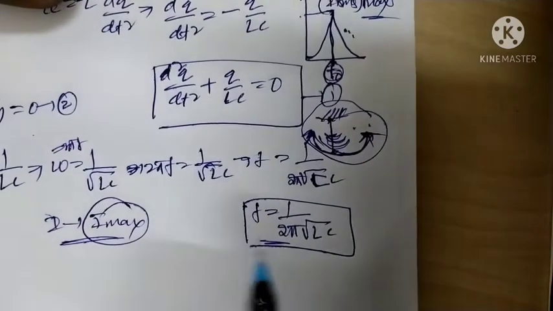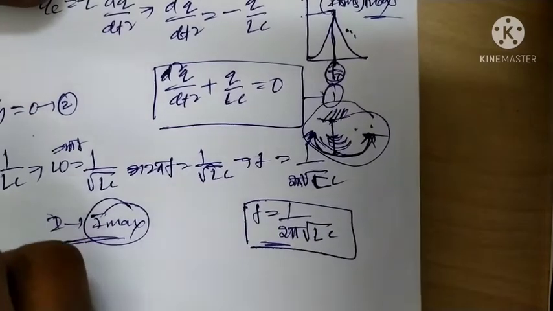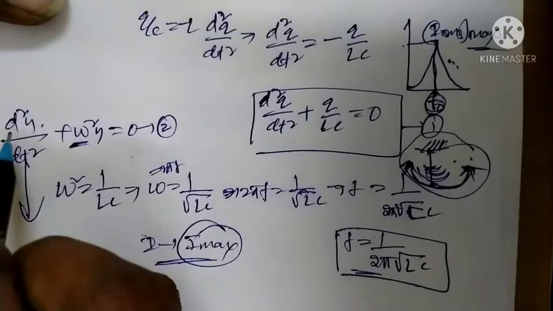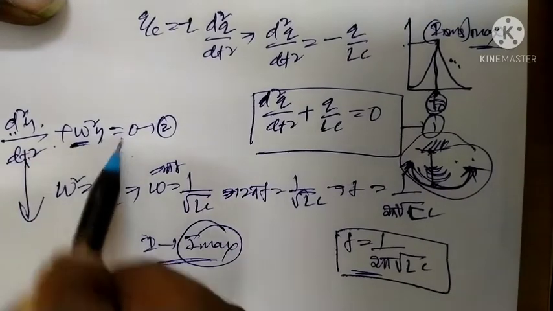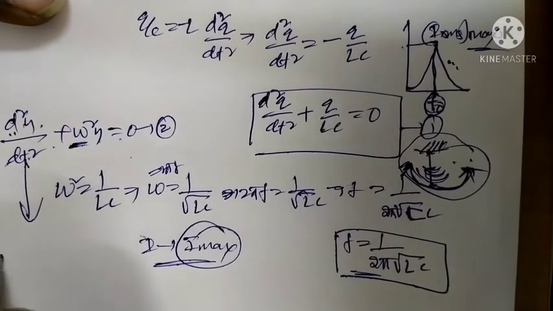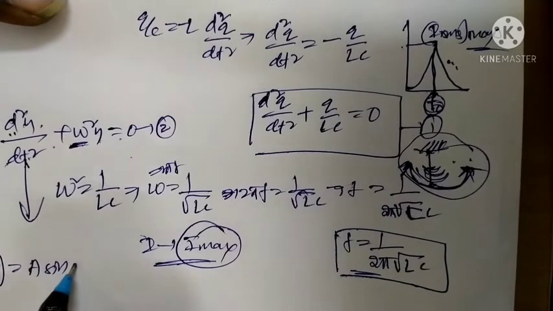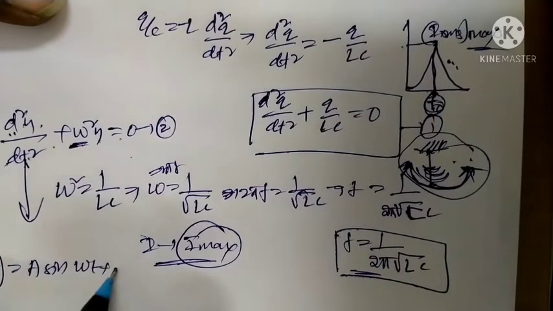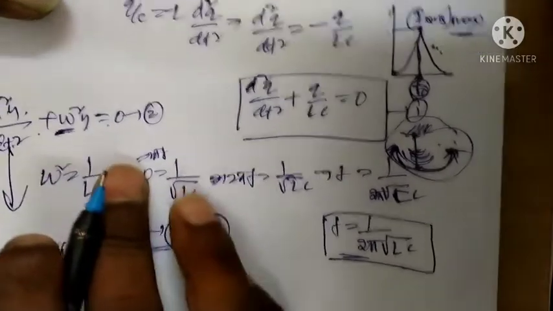Now compare this one, we get the resonance frequency. What is the solution for this equation, d square y by dt square plus omega square y is equal to 0? The solution of the oscillator in mechanical form is y is equal to a sin of omega t plus phi.